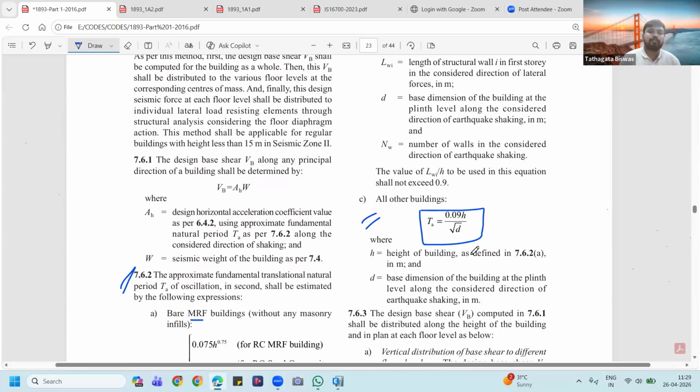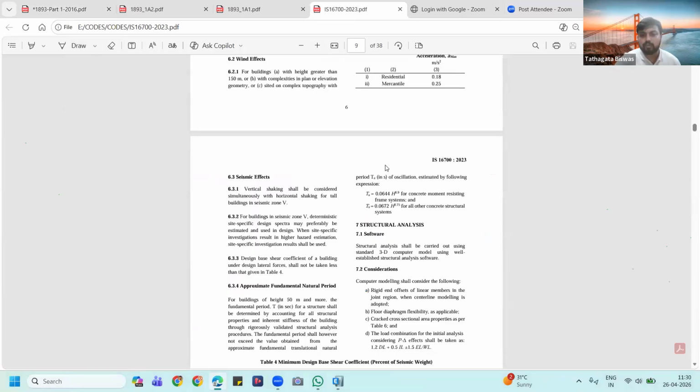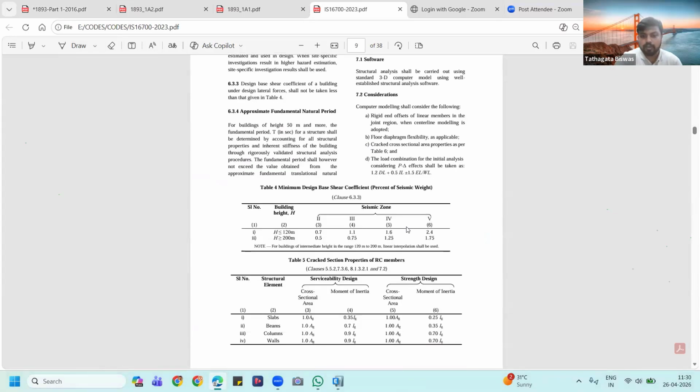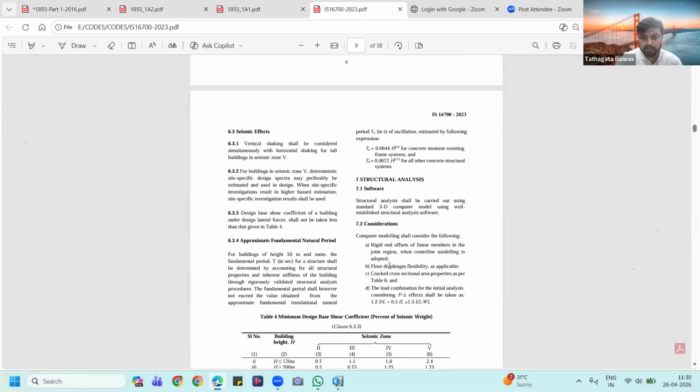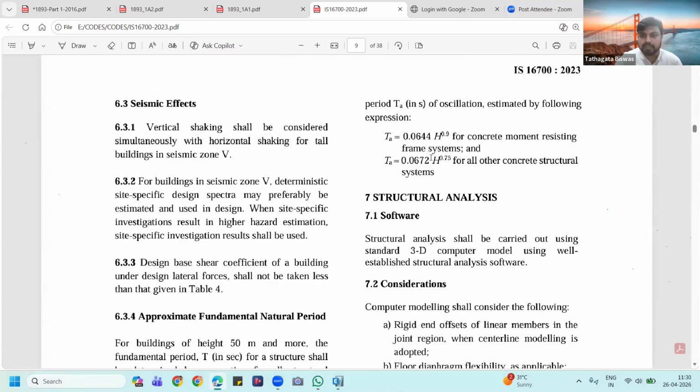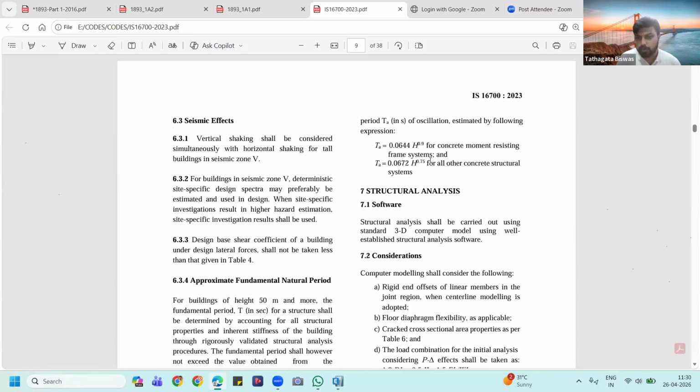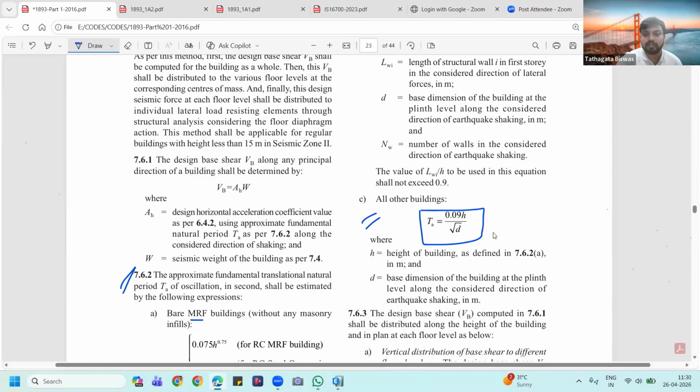For structures more than 50 meters in height, in the 2023 code, if you go to the 16700 code, on the seventh page, there is another set of time periods given by the code, which is only valid for buildings of 50 meters or more. Below 50 meters, it is not valid. Below 50 meters, you only have these 3 time periods.